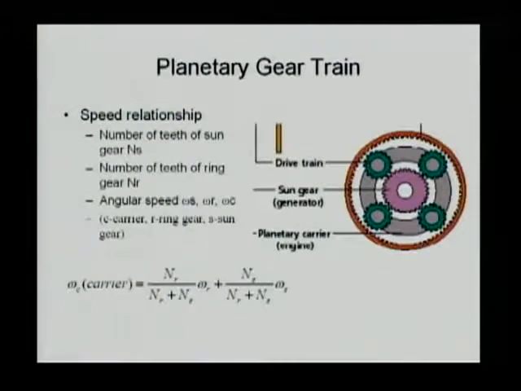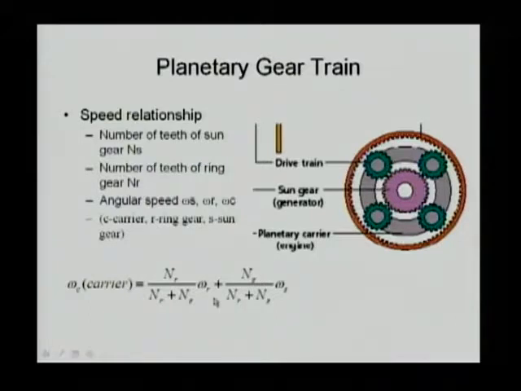This diagram will show you a little more detail on the equation that I wrote earlier. If we look back at the diagram, again, this is the planetary gear system. The outside is the ring gear. The inside is the sun gear. In the middle, between the sun gear and ring gear, is the planetary carrier. If we specify the number of teeth on each of them, the ring gear teeth Nr, the sun gear teeth Ns, then the carrier speed is equal to the sun gear speed times a ratio plus the ring gear speed times a ratio.